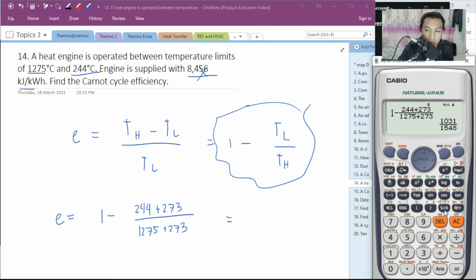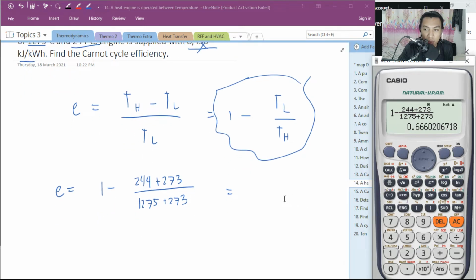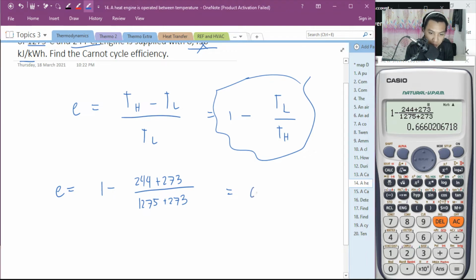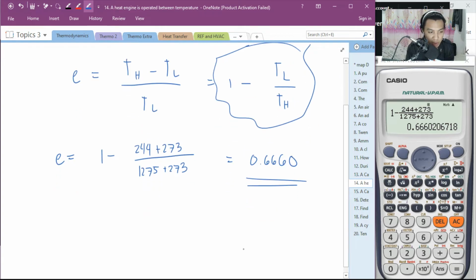Okay. The efficiency now is 0.6660, or 66.6%.